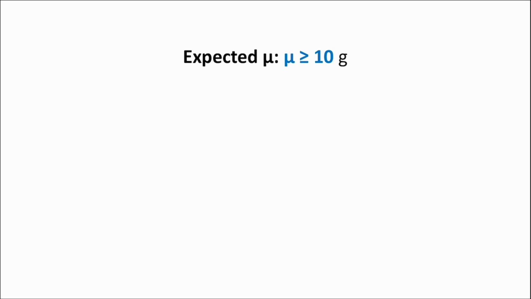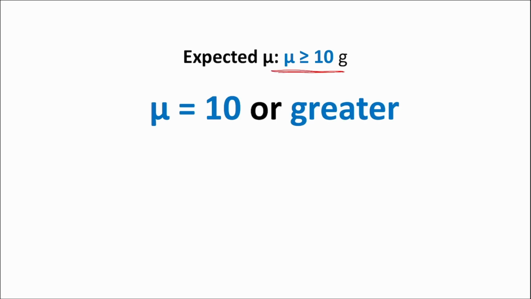If you look at this assumption that we have here, you can split it into two parts. First of all, it's the number, so in this case mu is equal to 10. And then the direction, or greater. So we expect that the average of the population is equal to 10 or greater. This "or greater" defines a direction, while the number defines the expected value.